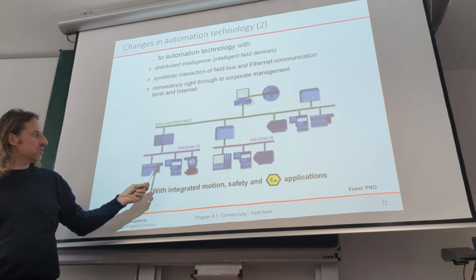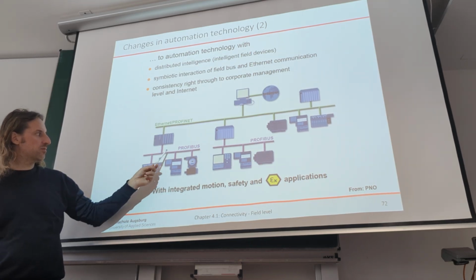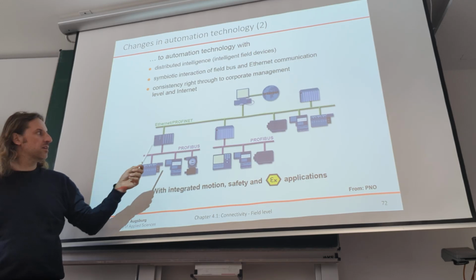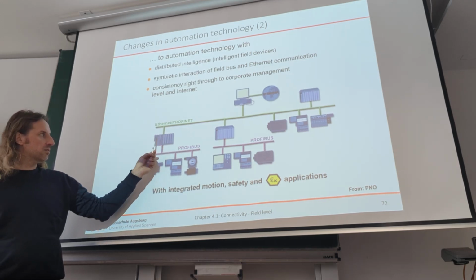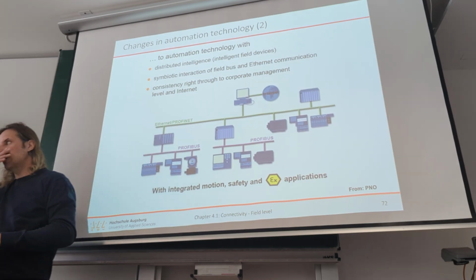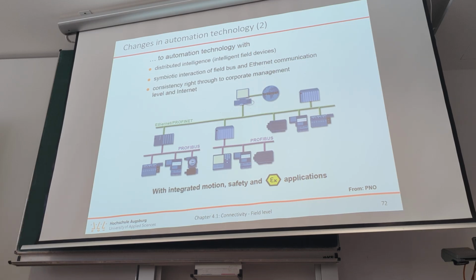And then we have the old devices in our systems where we have dedicated field buses that collect the data to a PLC, a data collection point, and then hand over the data to the Ethernet protocol based communication.